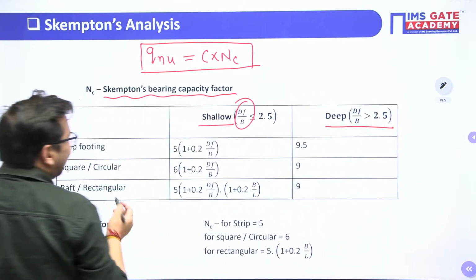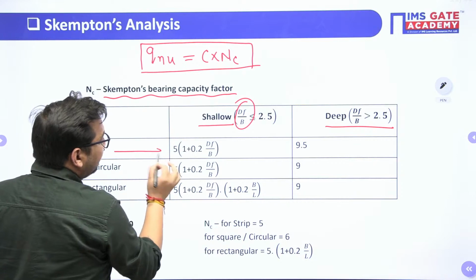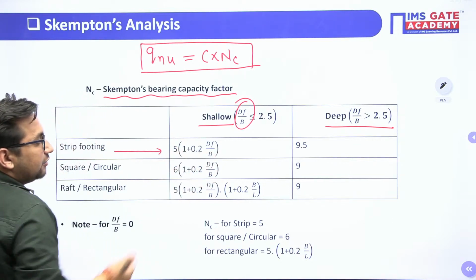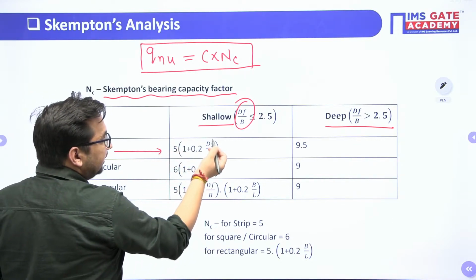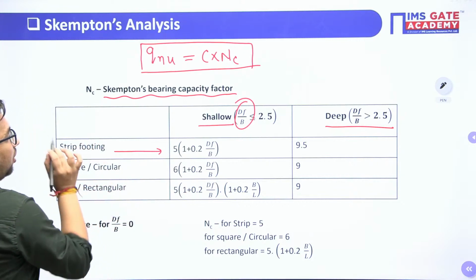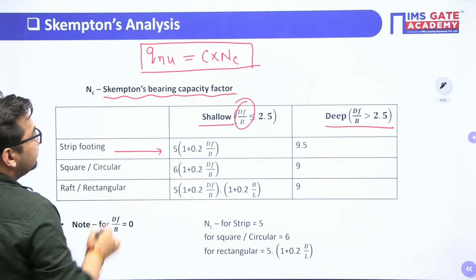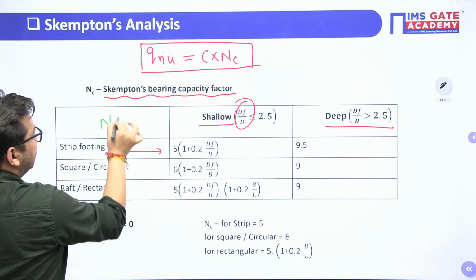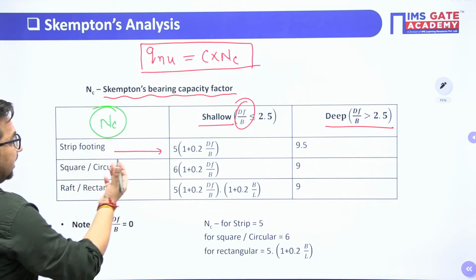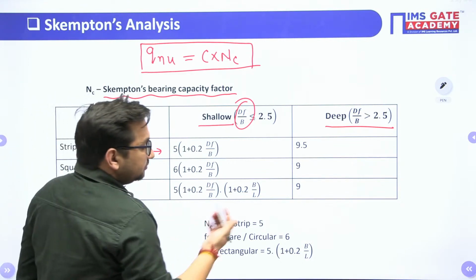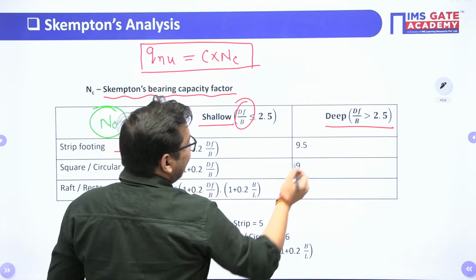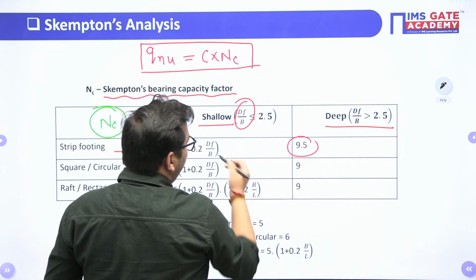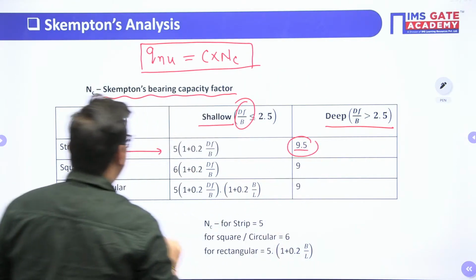For strip footing, for shallow foundation, NC will be 5 into 1 plus 0.2 DF by B. NC is the factor for the cohesion value. Whereas for deep foundation, it is independent of depth and width of foundation, and it will be 9.5.